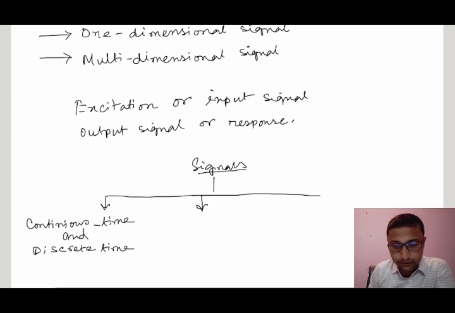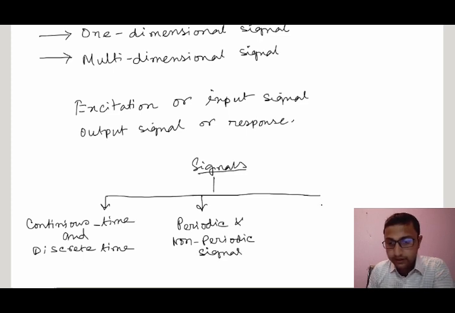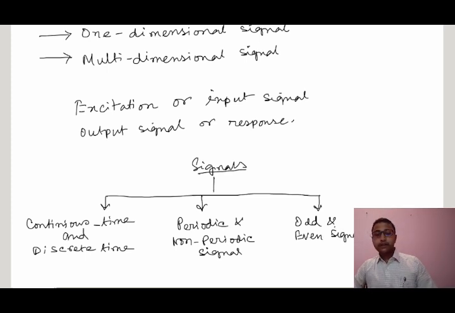The second one is periodic and non-periodic signal. And the third one is odd and even signal. So there are three major classifications of signal. First one is continuous time and discrete time signal. Second one is periodic signal and non-periodic signal. And the third one is odd and even signal.